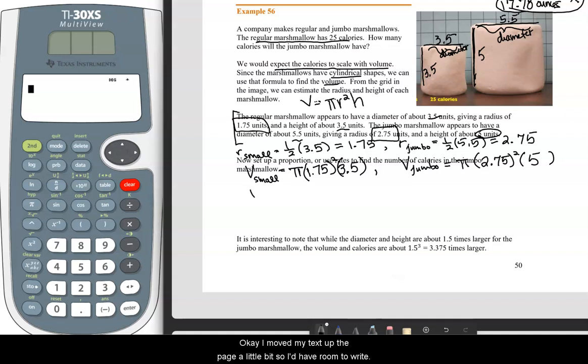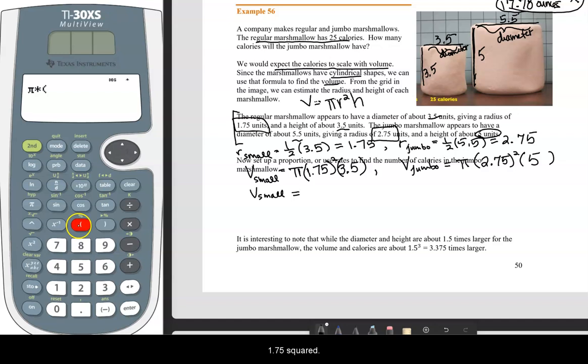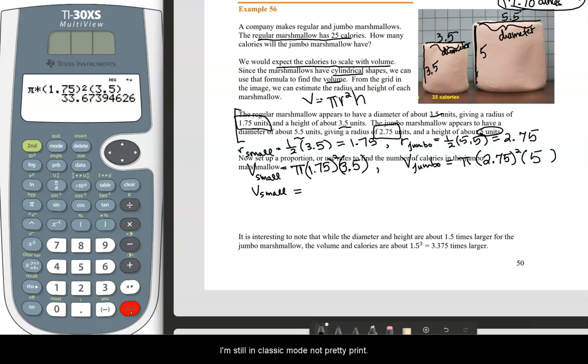Okay, I moved my text up the page a little bit so I'd have room to write. The volume of the small is pi times 1.75 squared times the height of the marshmallow, which is 3.5. Enter. I'm still in classic mode, not pretty print, so I'm going to just write down a bunch of decimals.